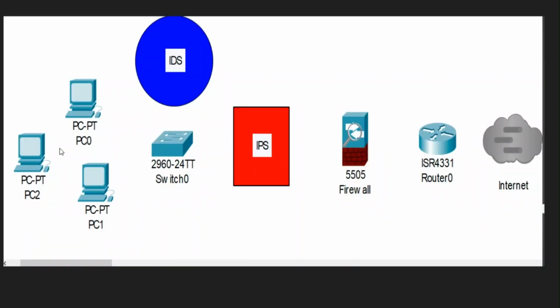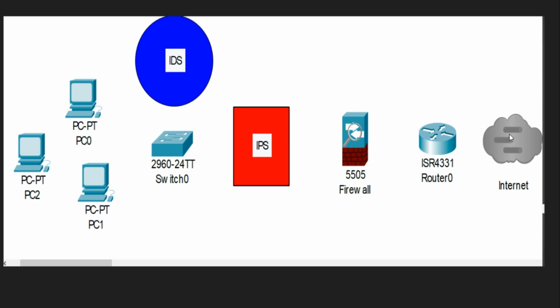For those of you who are visual learners, this is a basic, oversimplified visual representation of what a network would look like. Let's work our way from right to left. You have your internet. Everybody loves Google, and so on.